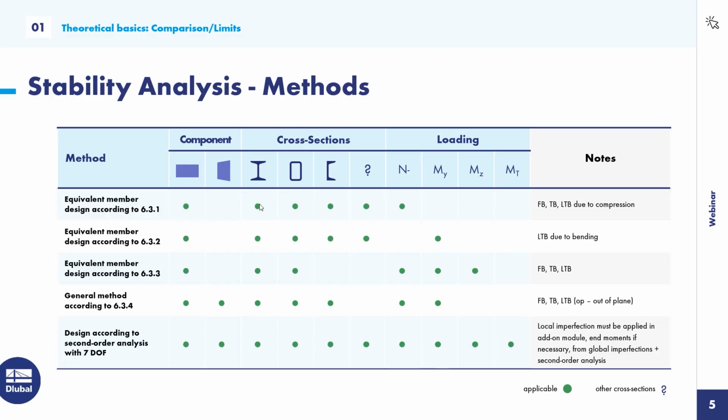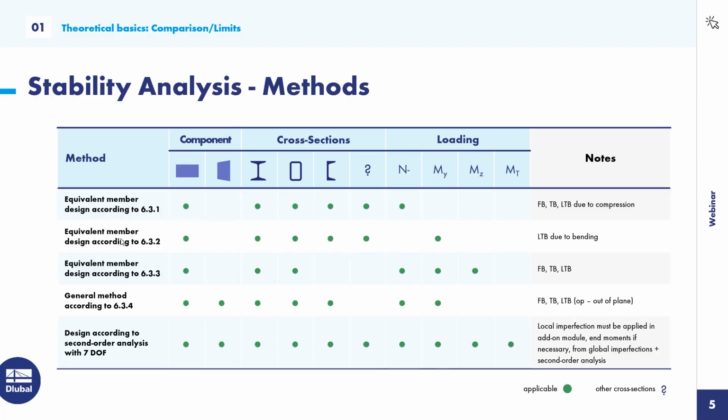You can see I sections are valid, hollow sections, and also other sections are valid, but only compression. And then the different designs, flexural buckling, torsional buckling, and lateral torsional buckling are done. Examples for these methods would be hinged columns or compression members.